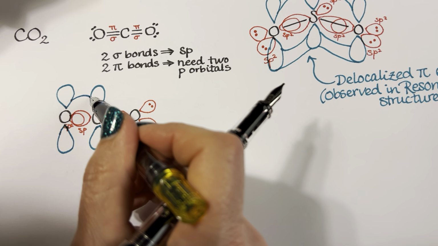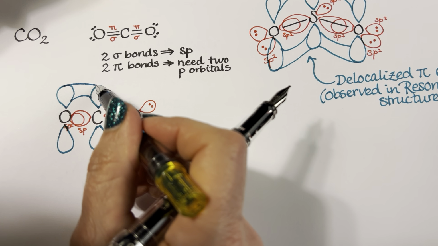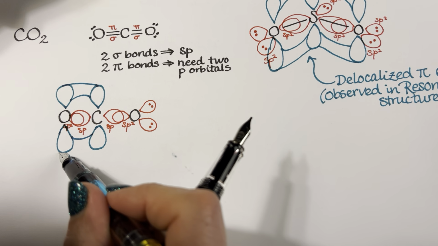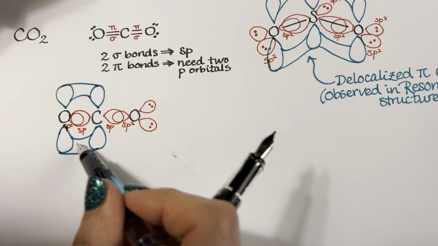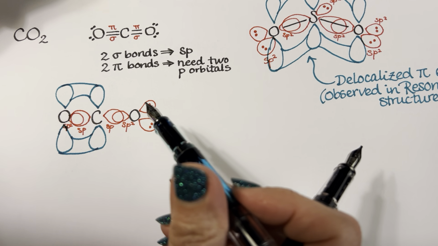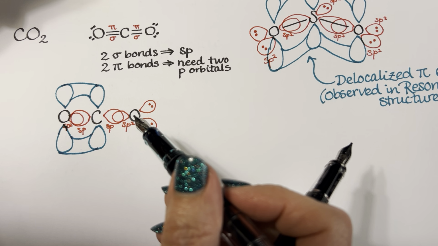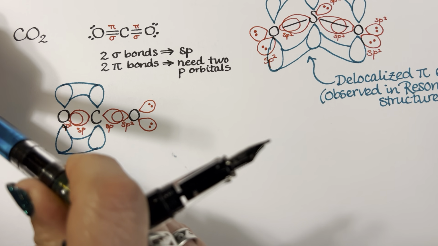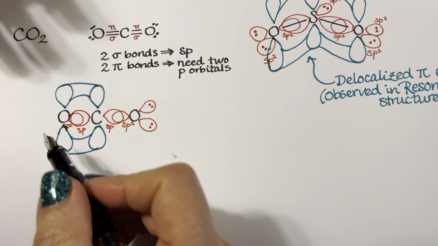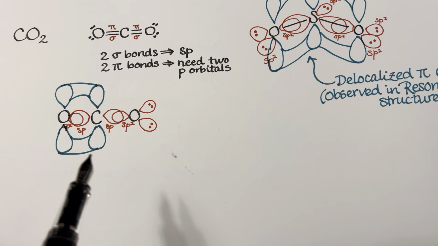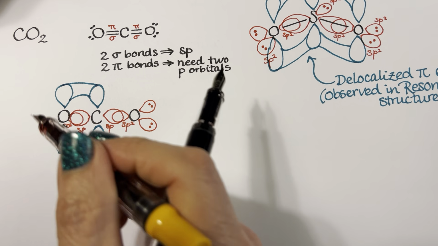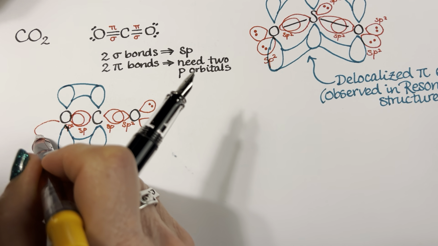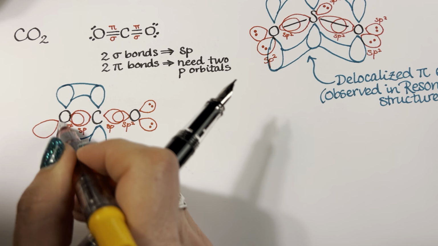So with this oxygen, the way I've drawn this here, these two p orbitals can overlap because they are in the same plane. All right? So what that means about this oxygen and its sp2 hybrid orbitals is that they are perpendicular to this p orbital.